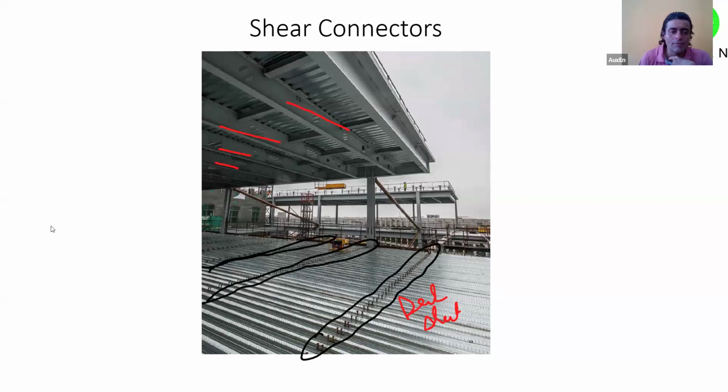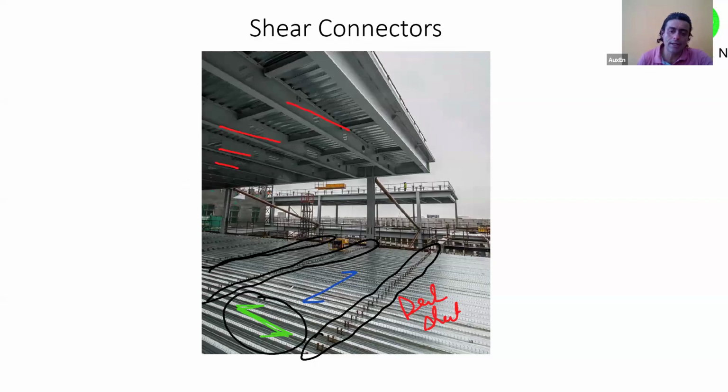Your spanning of the profile deck will be along the blue line or along the green line. What do you think? The metal deck will span along the blue line or along the green line? This is a question. So the metal deck will span, as Mr. Haseen is saying, as many of you have said, along the green line, correct?